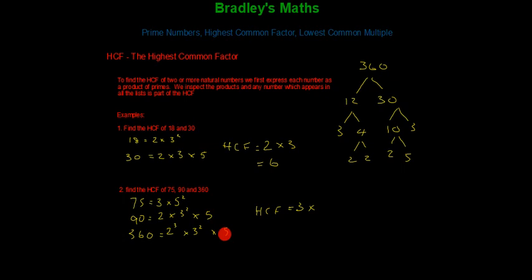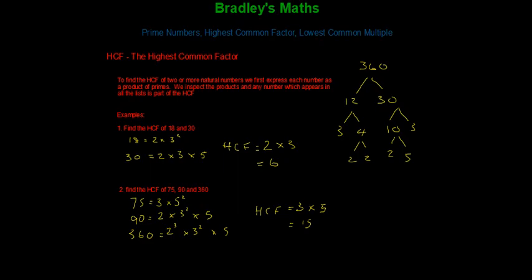There is at least one 5 in each one, and we can say that the HCF is 3 times 5, which equals 15. And that is it. That's all we have to do to find the HCF.